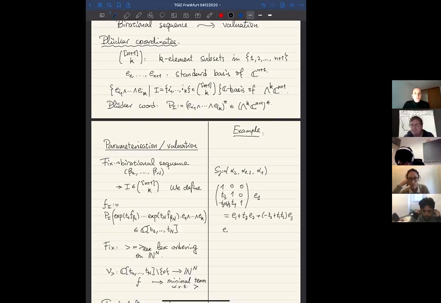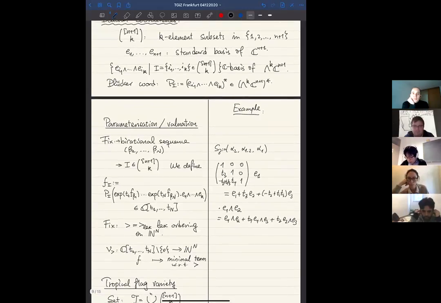And then if this guy acts on E1 wedge E2, I want to take the determinant of the 2 by 2 minors of the first two columns. So I will get E1 wedge E2 plus T1 E1 wedge E3 plus T2 E2 wedge E3. So if you compute, you get this.